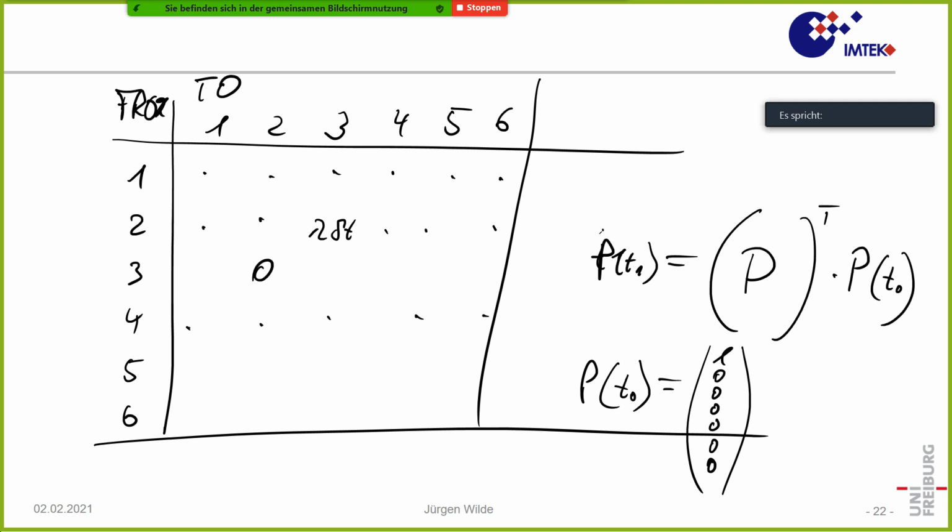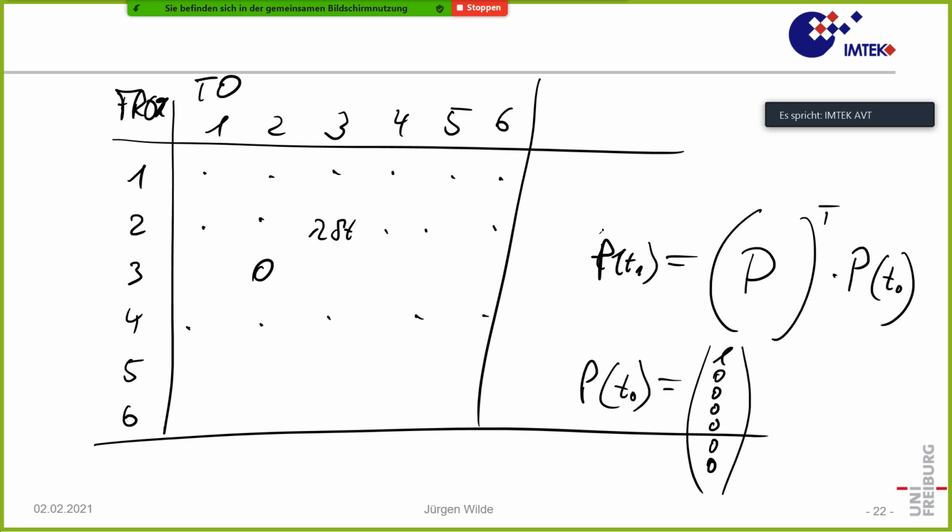Yeah. So that is always important, to do more time steps, because it's an approximation of a Markov process with very small time steps. Yeah. So if you use large time steps, the whole scheme will not work.